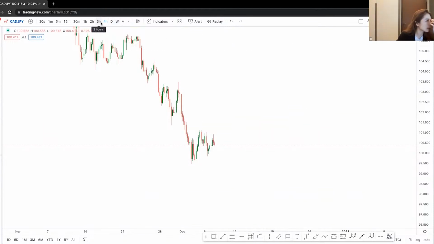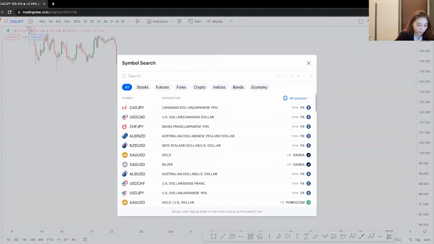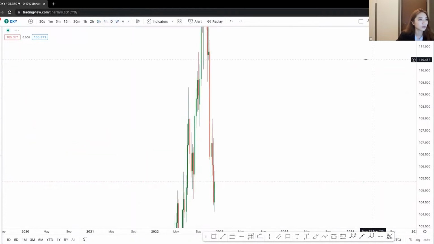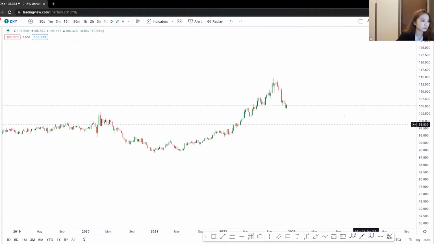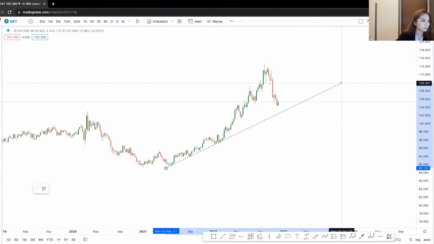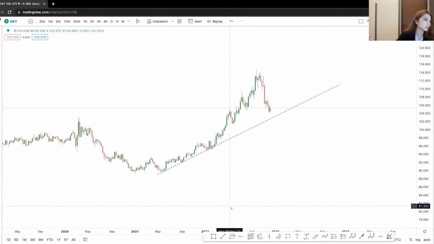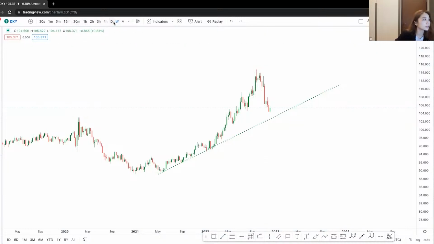Okay, we'll do one last one. All right. Let me think. Let's just do the XY on the weekly chart. Upward moving as well, strong downturn after. Let's look at daily.